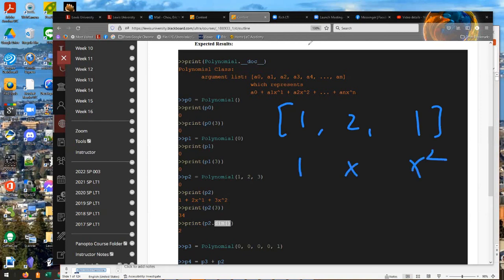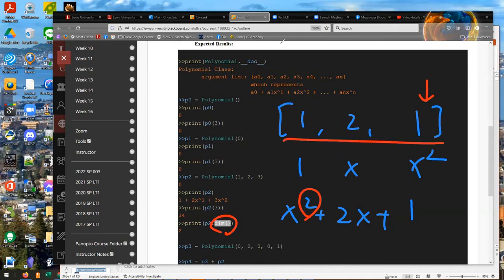So actually it's x squared plus 2x plus 1, so the dimension of this polynomial is 2. Basically here you have 3 elements, the dimension is 2. So what should you return? You return 2, and how do you get 2?